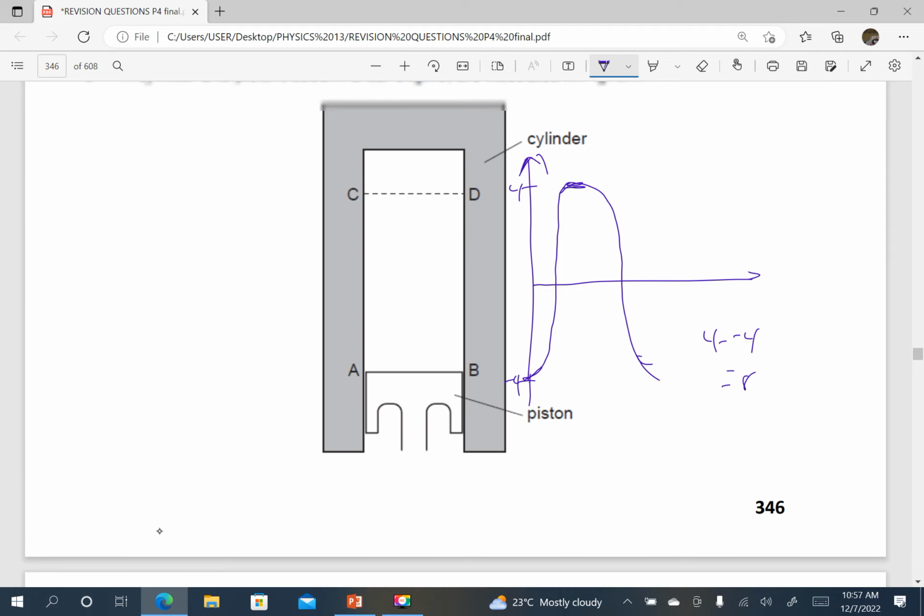So the speed will be maximum at the center. So we shall draw a line in the middle point. That is, we're going to try and estimate the center of this. I hope it is this point here. It is just at the midpoint. That is where we have our center.